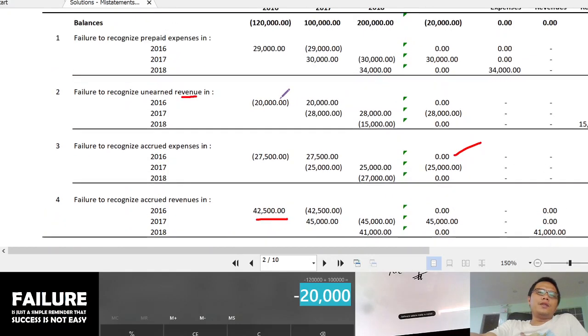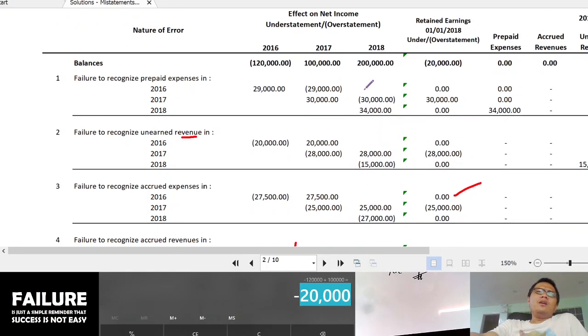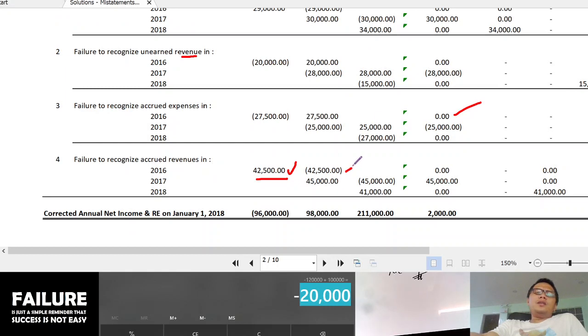So the effect in the current year, let's say for that error in 2016, which is 42,500, is that it will understate your net income. Because although you have not yet received the money, it is already your income, and you erroneously did not recognize it. So it will understate your net income. In 2017, which is when you receive the cash for that particular income, that is where you now recognize it as income.